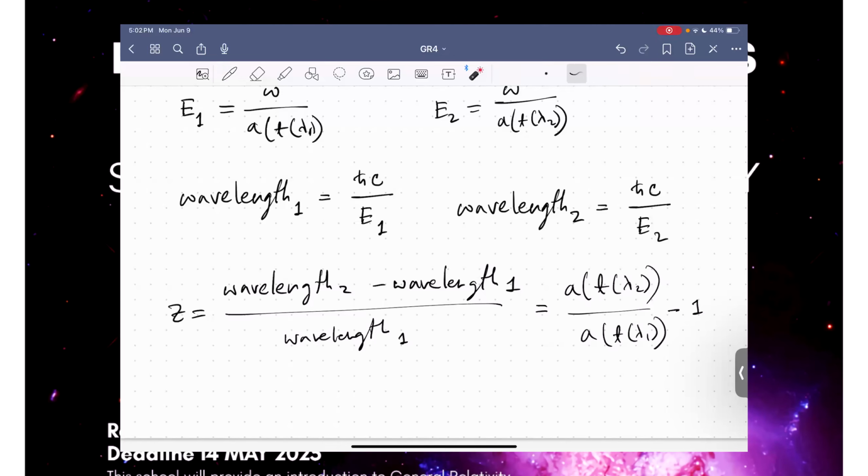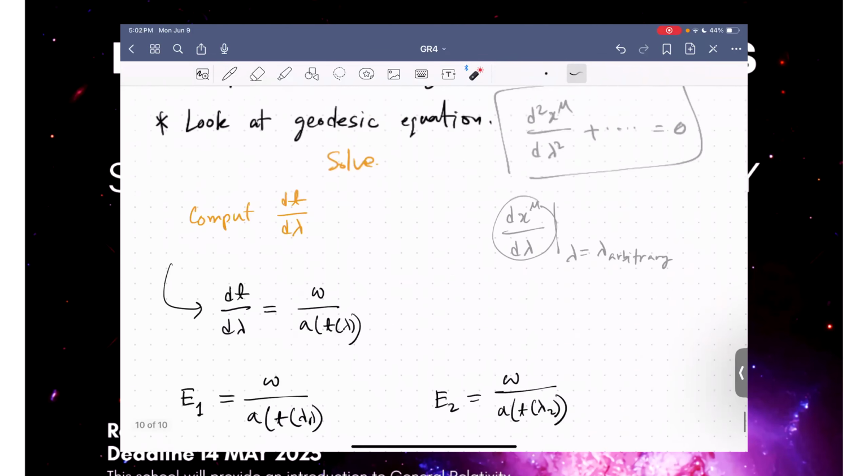All right, so this is a great formula. What it tells you is that if A is different, right? So t lambda 2 is in the future of t lambda 1. And if this A is larger in the future, then this is greater than 1 and this is positive.